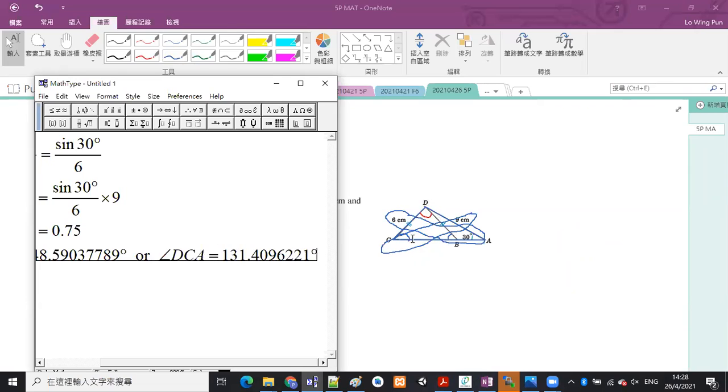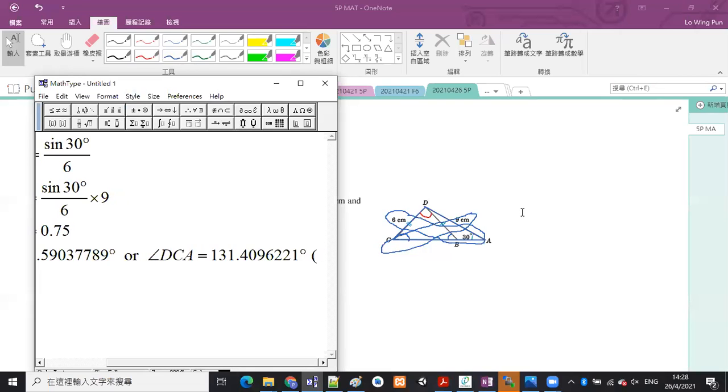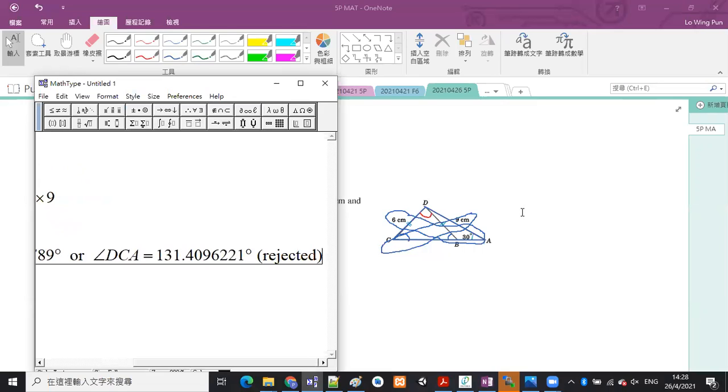But in this case, the sum of these two angles is already larger than 180 degrees. And that should not be okay. So we should reject this answer.